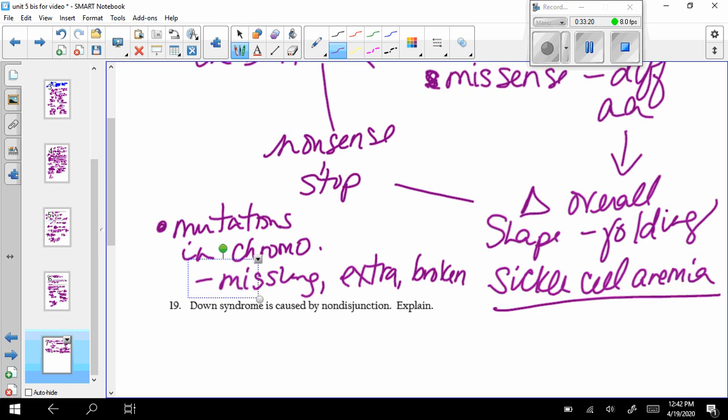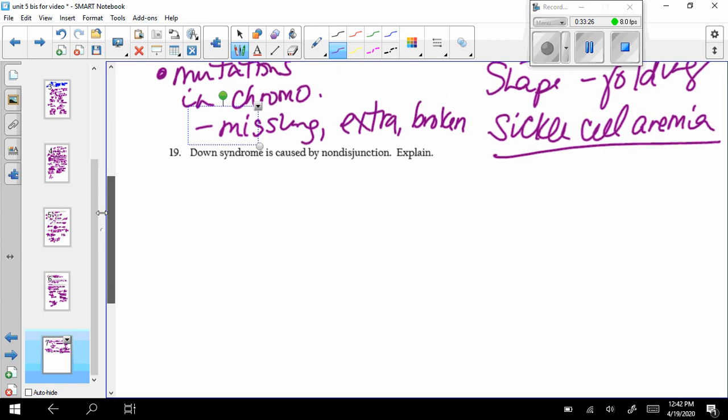All of those things are also larger mistakes that could lead to a lot of drastic genetic conditions. All right, and so the last one that I have here is Down syndrome, because I think it is a great example of a genetic condition that is due to an altering of the chromosomes.